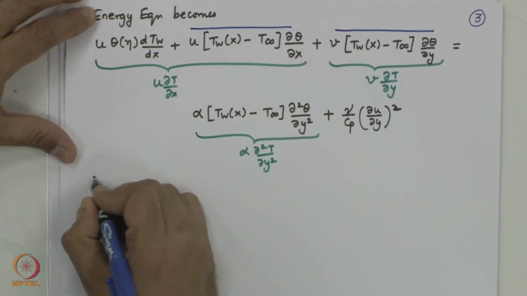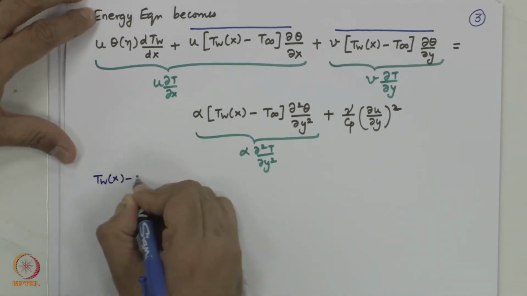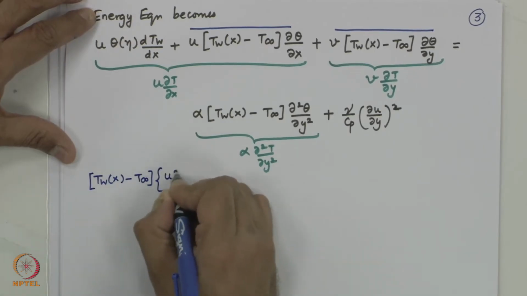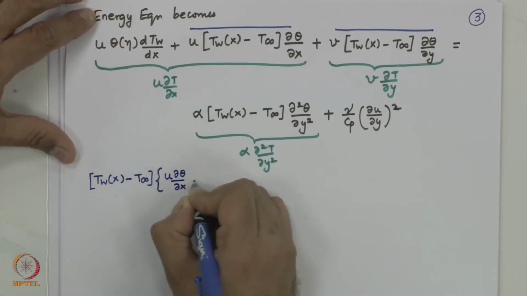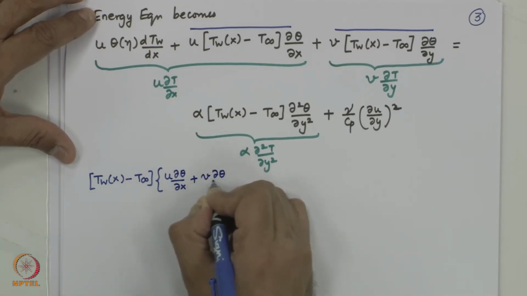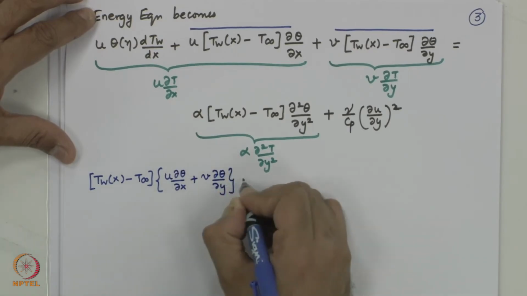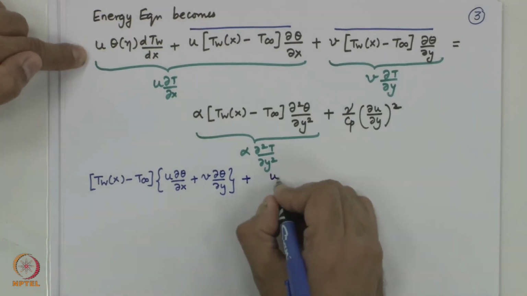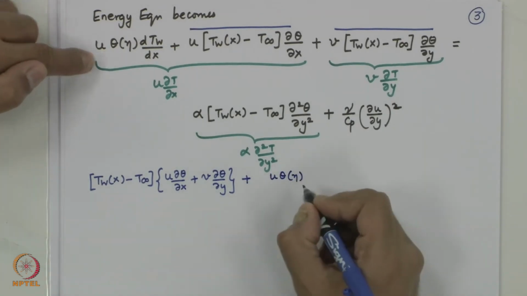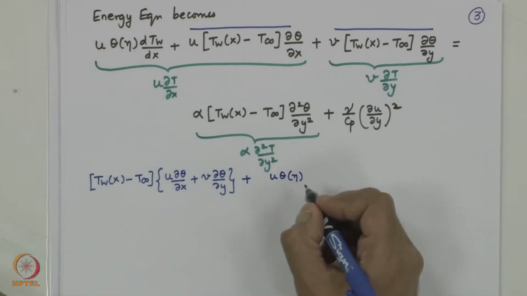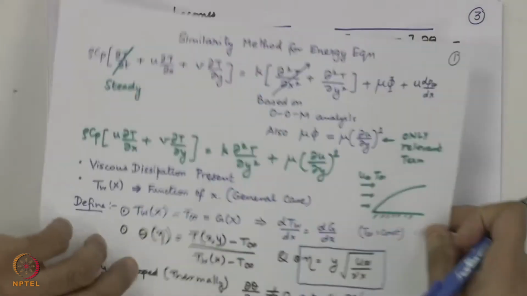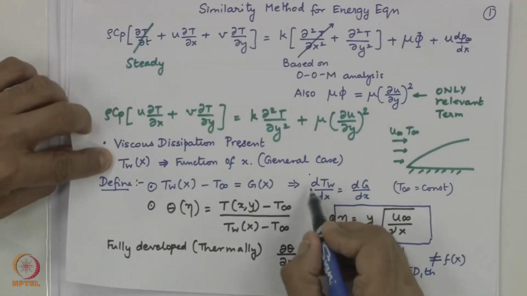So I will get (Tw(x) minus T infinity) times u d theta/dx plus v d theta/dy, plus this term which was left. This term which was left is nothing but u theta eta. Remember, we had the definition of dTw here.